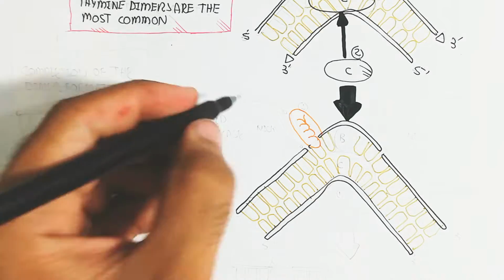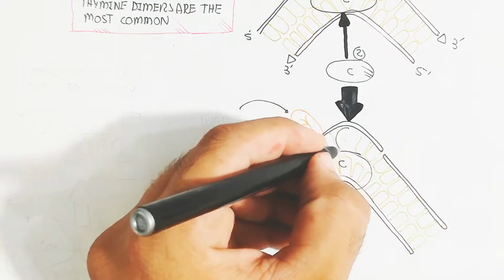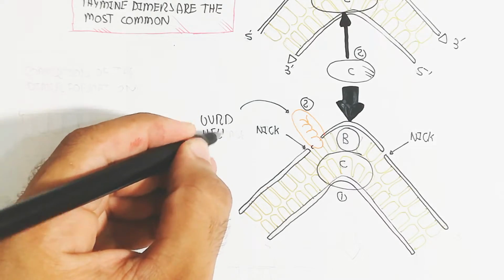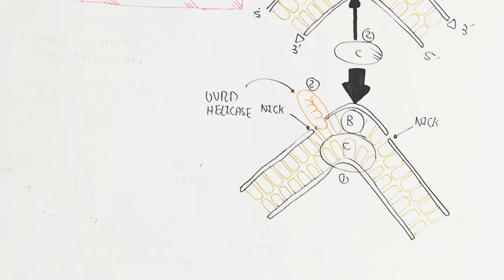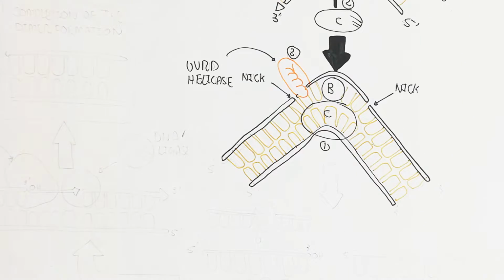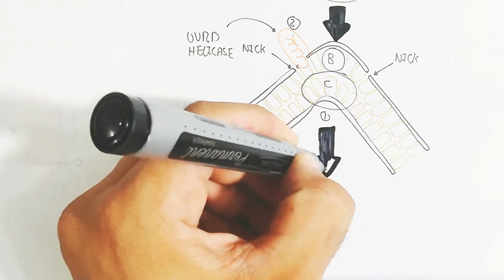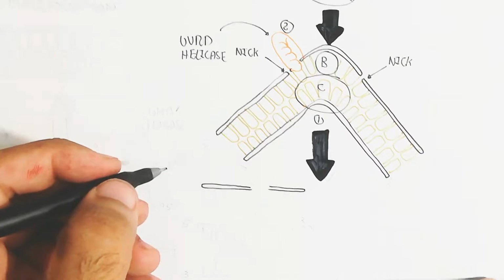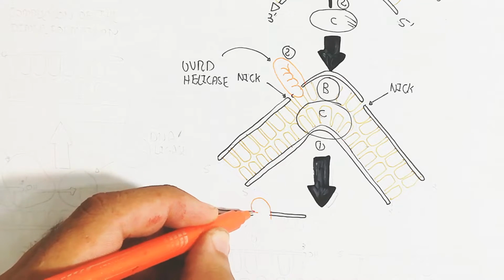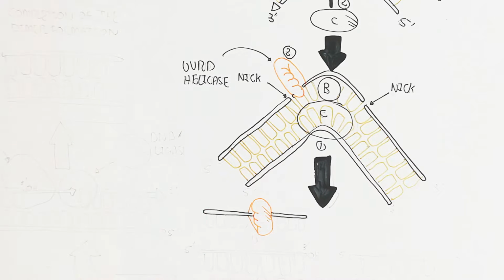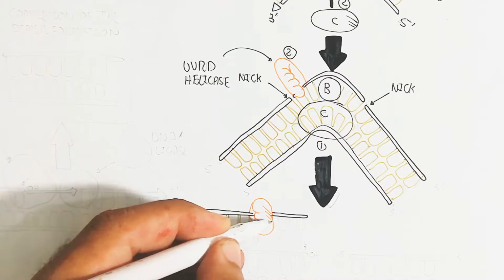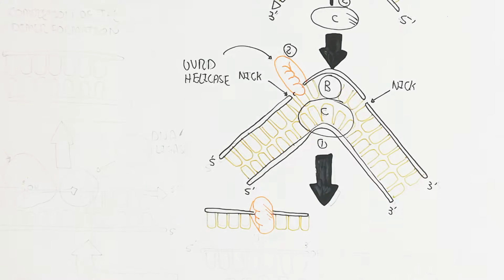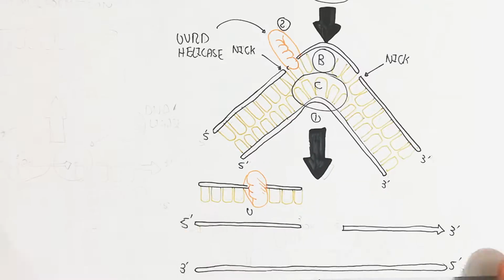The helicase enzyme leads to unwinding of the helical structure. After this unwinding, the damaged dimer, the cytosine with thymine, is removed along with the sequence, which is 12 to 30 nucleotides. Remember, the helicase enzyme removes it by the creation of the nick.